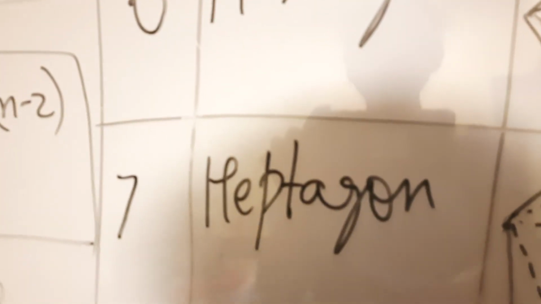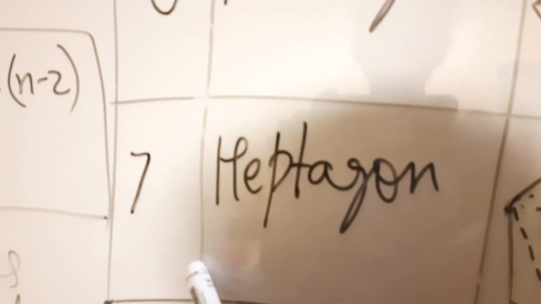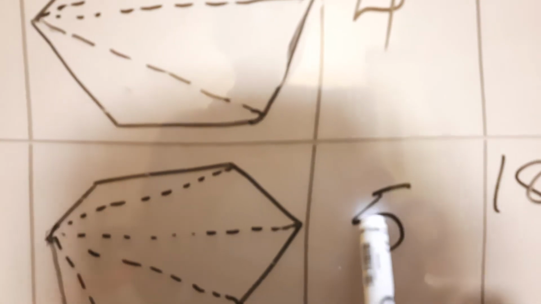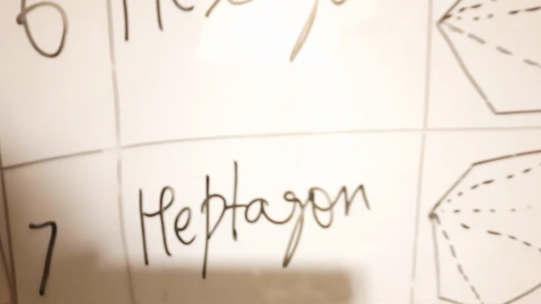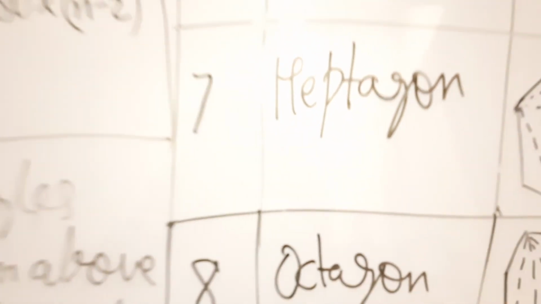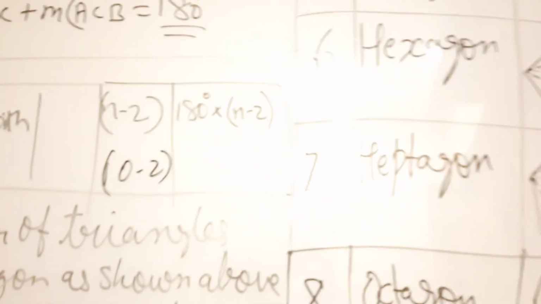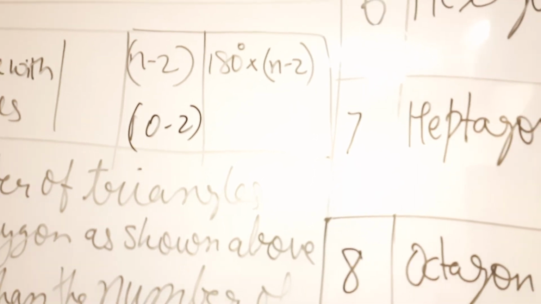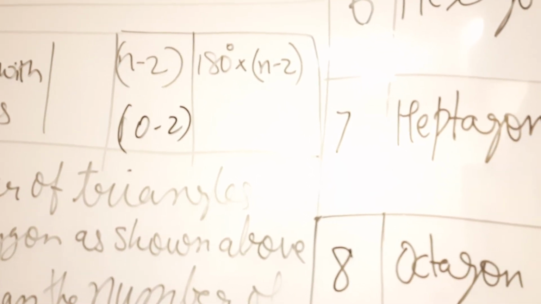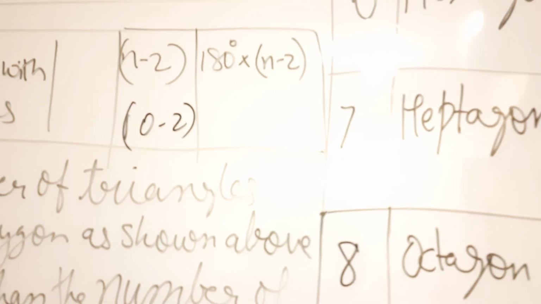For example, 7: 7 minus 2, that's right, 5 triangles. So this is what they have asked us to remember, that the number of triangles is the number of sides minus 2. That's it.